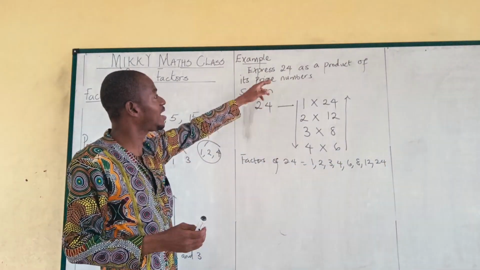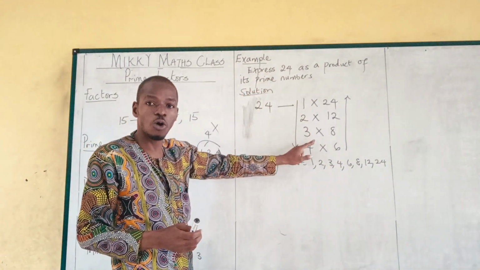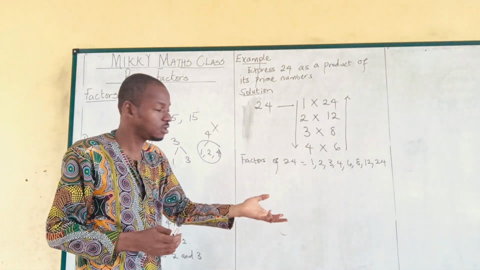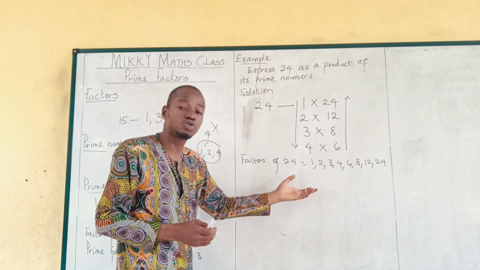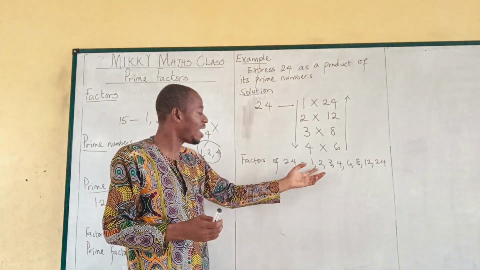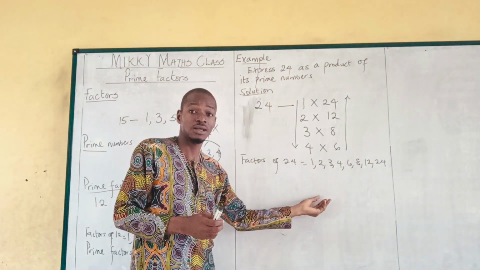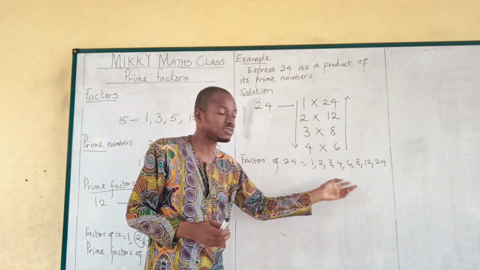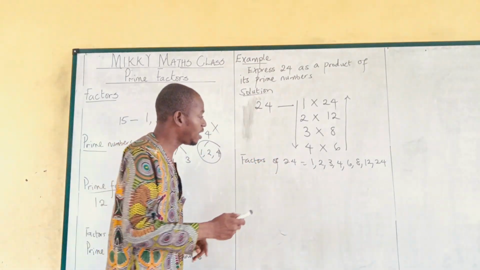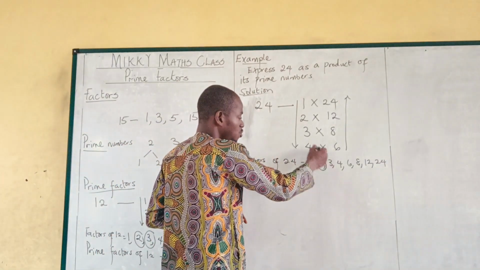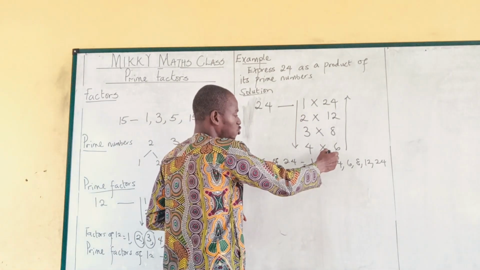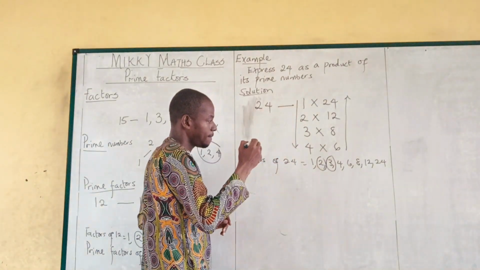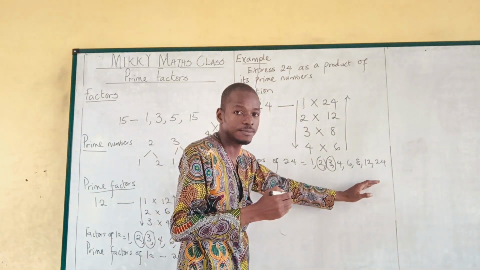Now it says express 24 as a product of its prime factors. That means I should put it in a way that I identify the prime numbers. Then when I multiply the prime numbers, I will get 24. Now the first prime number here is 2. The next one is what? 3. 2 and 3.